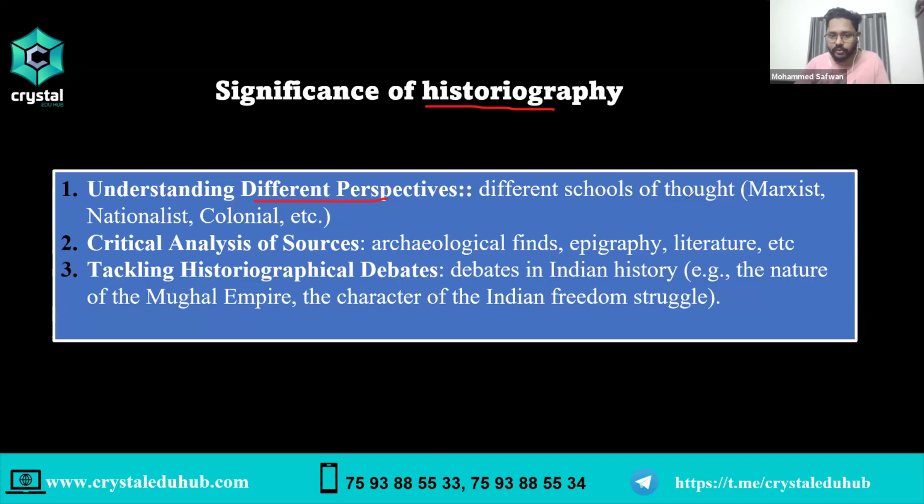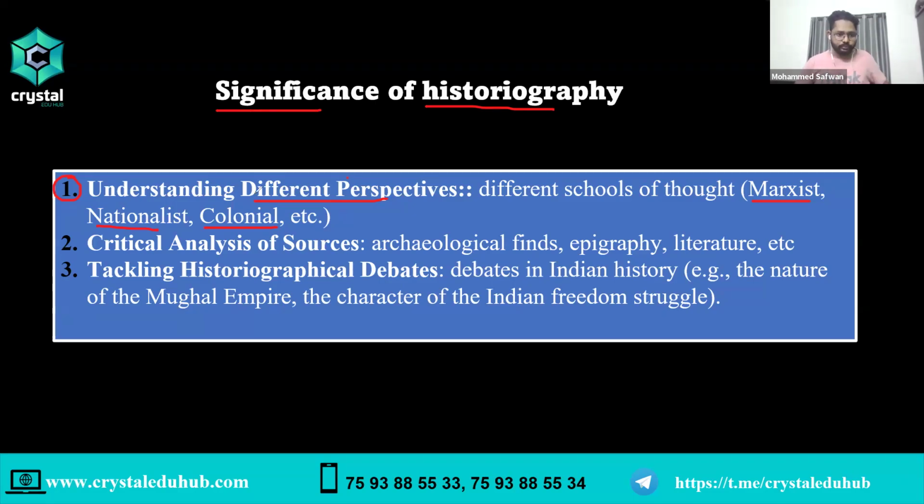There are different schools of thought like Marxist historiography, nationalist historiography, colonial historiography, post-colonial historiography, which can be related to Indian history as well as world history. But we'll be applying the different perspectives in the case of Indian history. Don't worry, today we'll have a detailed learning about Marxist, nationalist, and colonial historiography as part of today's live discussion. That is one very important significance of historiography itself.